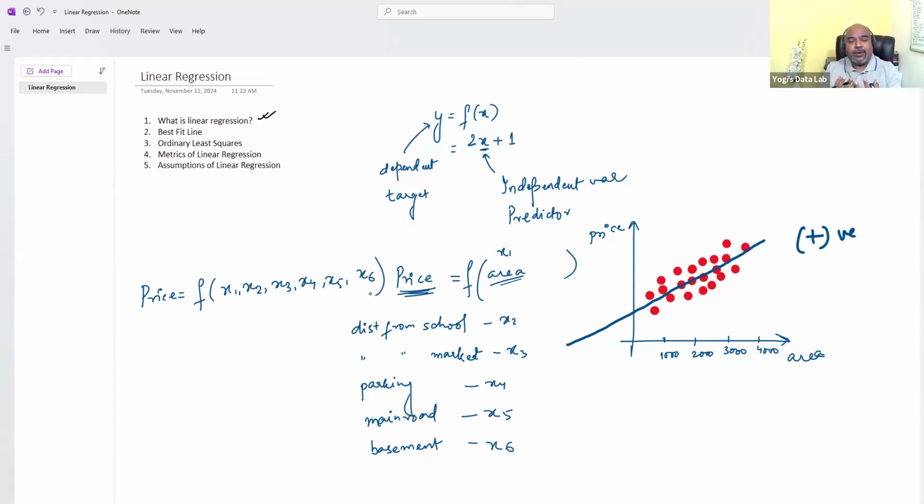So my job now when I do linear regression is to find out that equation which will justify the price with these variables.